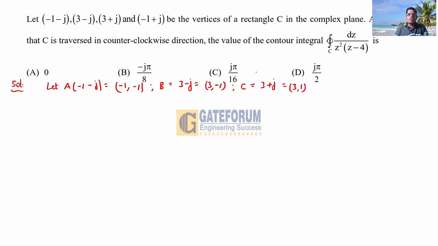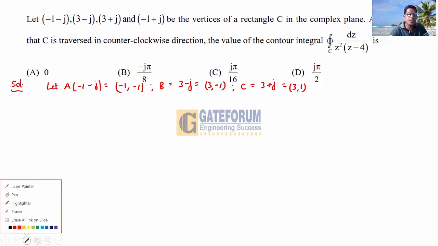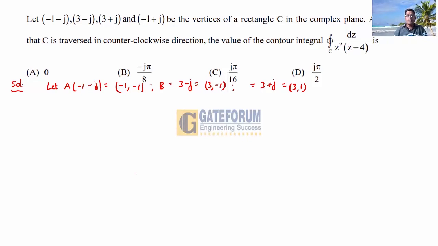I mean, better, C is already the given curve. Let us take another vertex name. The rectangle has 4 vertices. I am taking the third vertex D, that is 3 plus j. And E is equal to minus 1 plus j.